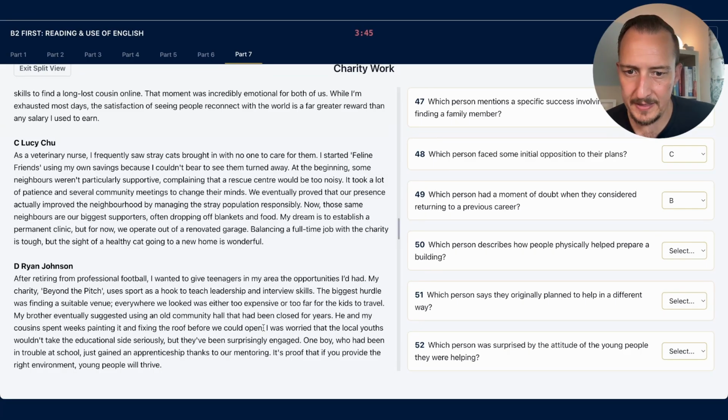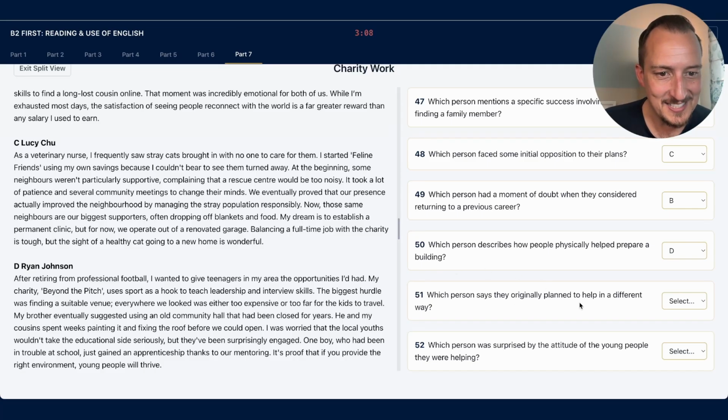I was worried that the local youths. He and my cousin spent weeks painting. Sorry, that's exactly where the key is. Perfect. So it says how physically helped. The brother helped, but physically helped are the cousins. He and my cousin spent weeks painting and fixing the roof. So D is the correct option. Perfect. We've got 2 more to go and 3 minutes left. We can do this. Okay.